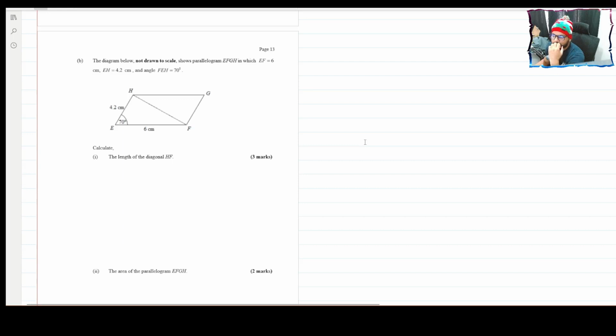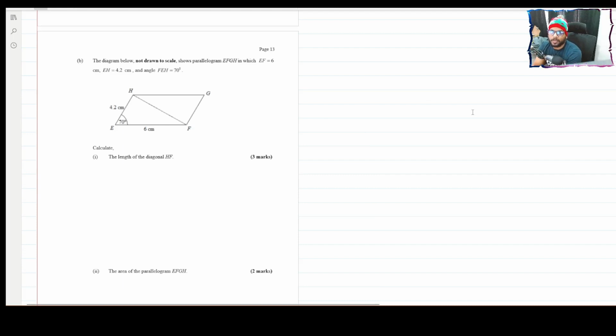The diagram below, not drawn to scale, shows parallelogram EFGH, in which EF is 6 centimeters, EH is 4.2, and angle FEH is 70 degrees. Calculate the length of the diagonal HF.